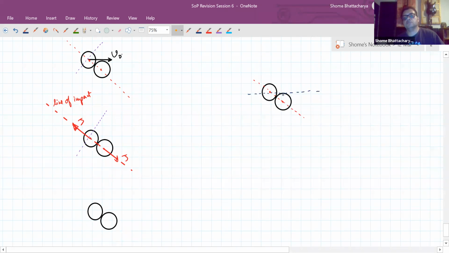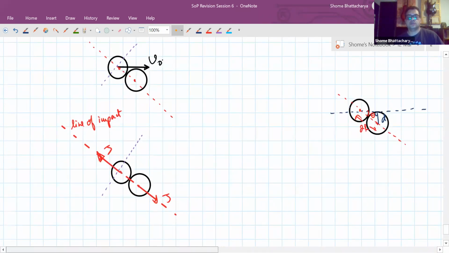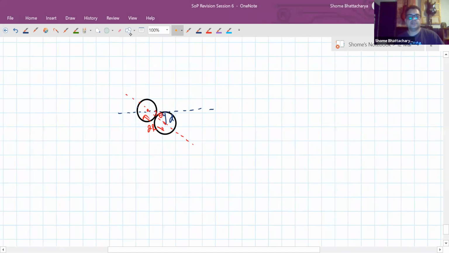Then from the impact parameter which is given to us, that is this perpendicular distance, and the center to center distance which is 2r, we can calculate the geometry of this triangle. Let's magnify this a little. So you can see that in this diagram, we can understand the geometry of this triangle.